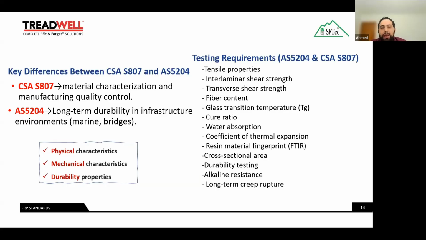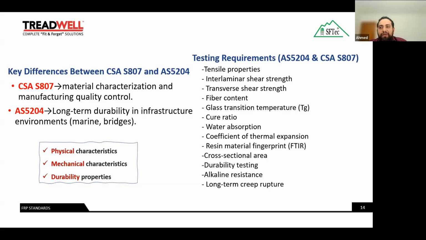For mechanical properties, we have tensile properties, interlaminar shear strength, transverse shear strength, and bond strength. And finally, for durability properties, we have alkaline resistance with load and without load in a harsh environmental condition, in which the bars are exposed to alkaline solution for 3 months at 60 degrees. We have two types of this test: without load and with load.